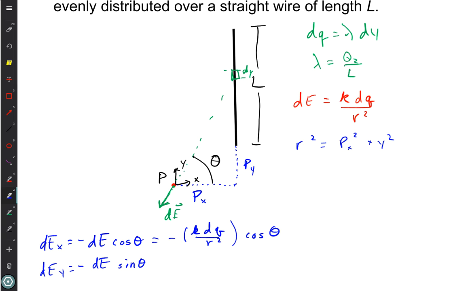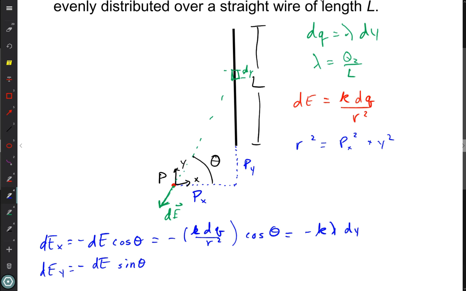See, I knew we could make it hard. Let me show how that is 3. That's minus k lambda dy over r squared cosine theta. So r squared, that's a variable that depends on theta and y, and theta. 3 variables.